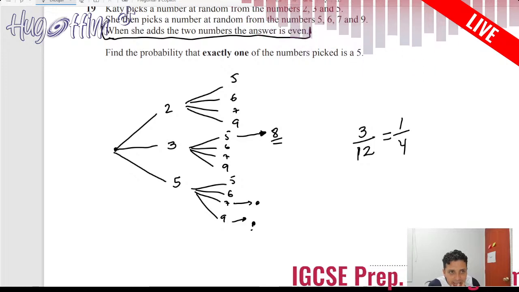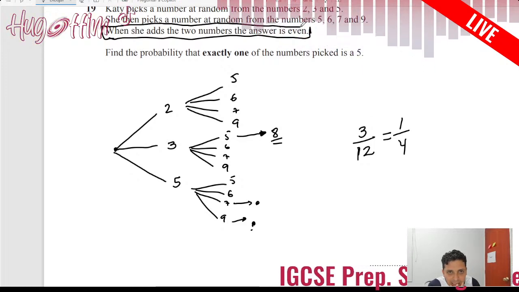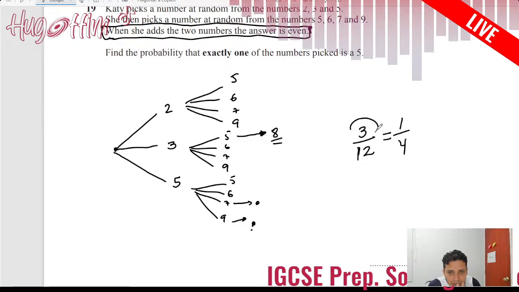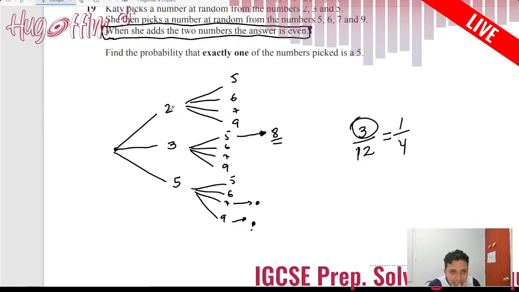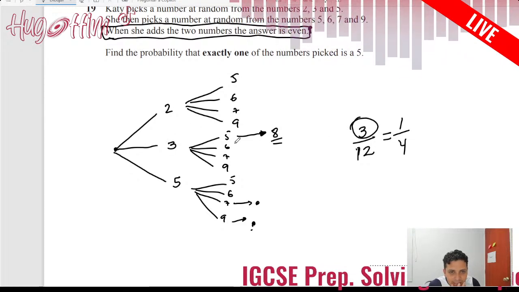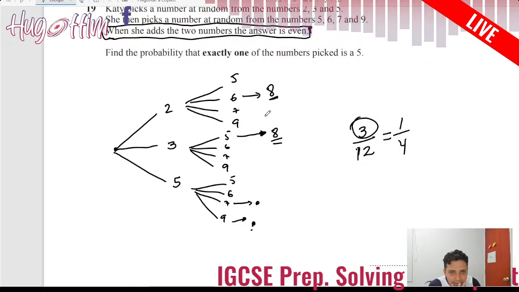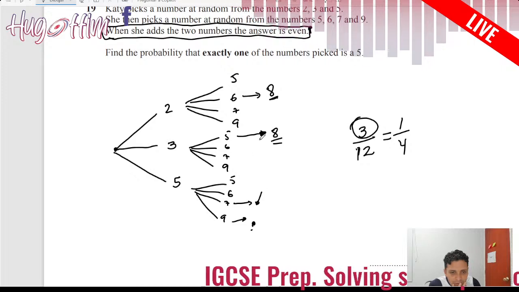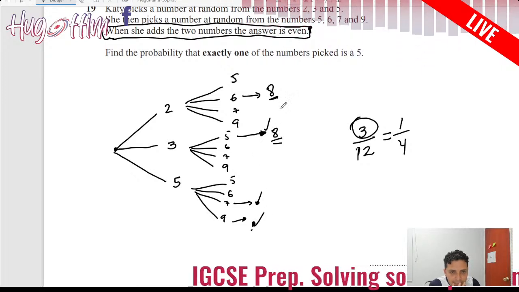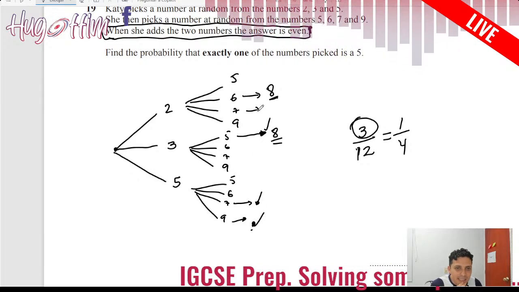This is the probable outcomes. That's the mistake I made. I know that there are 3 possible outcomes, but I didn't check how many of these are even. So for example, this is even, 8. So these are the 3 outcomes. Oh my god. This is even.